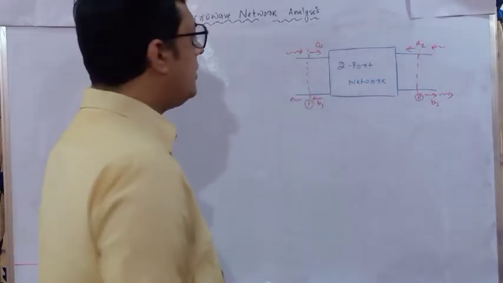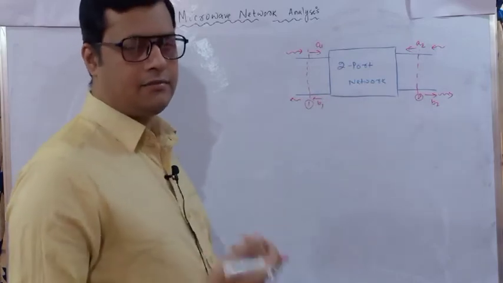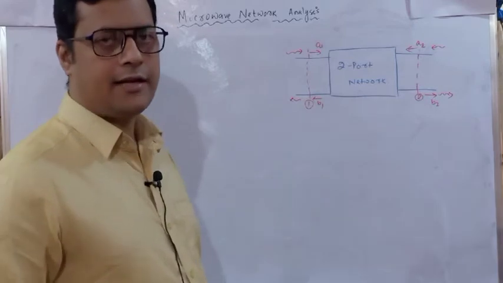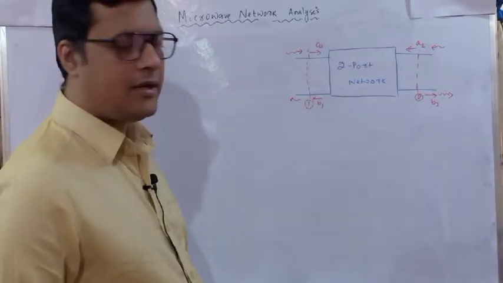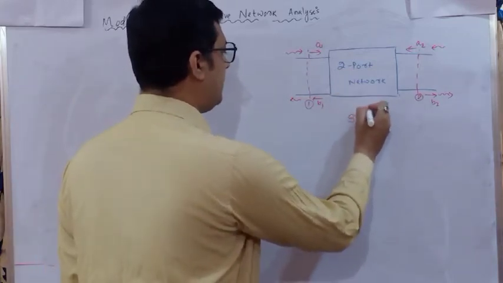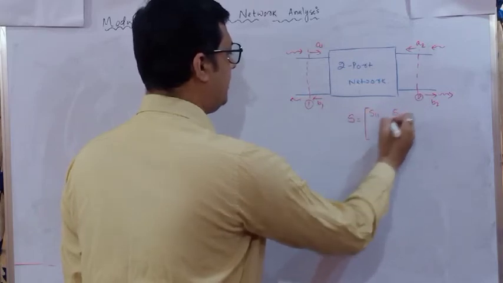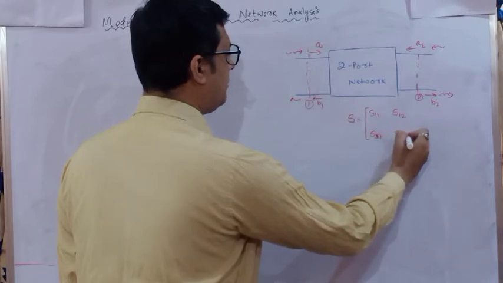Now at this particular point we are identifying some scattering parameters. Since it is a two-port network, we will have four scattering parameters: S11, S12, S21 and S22.